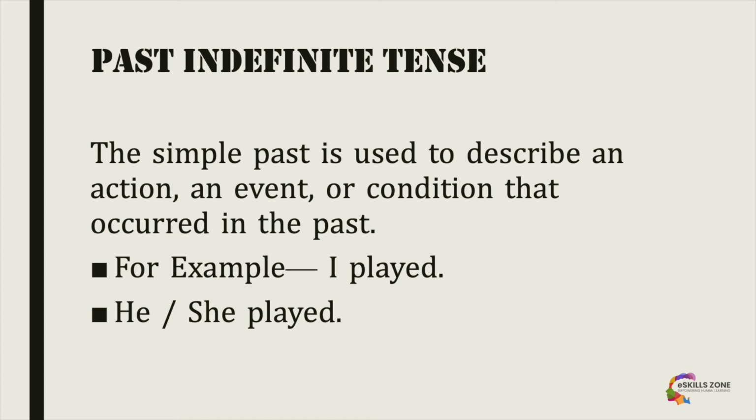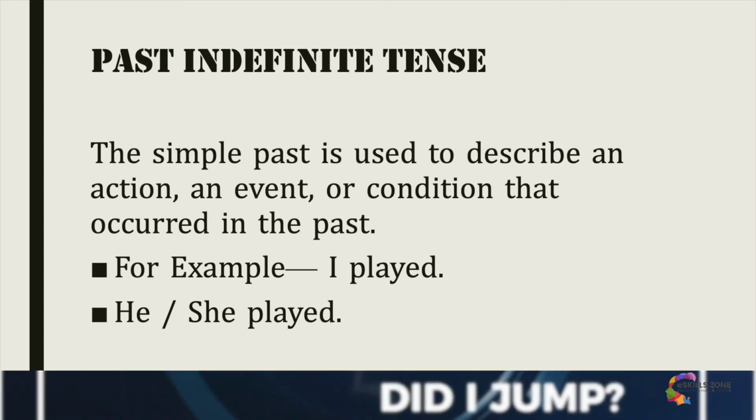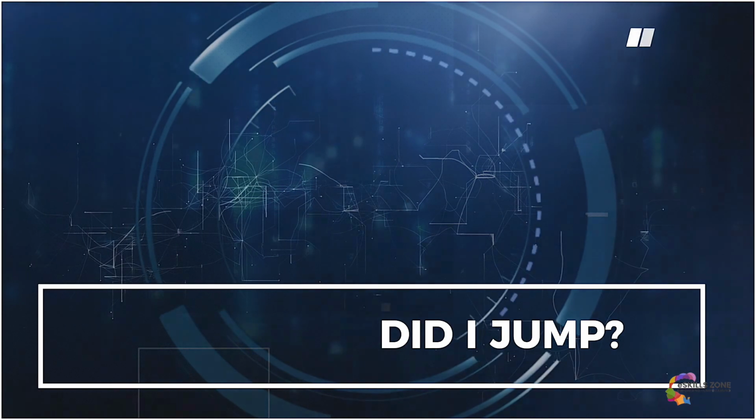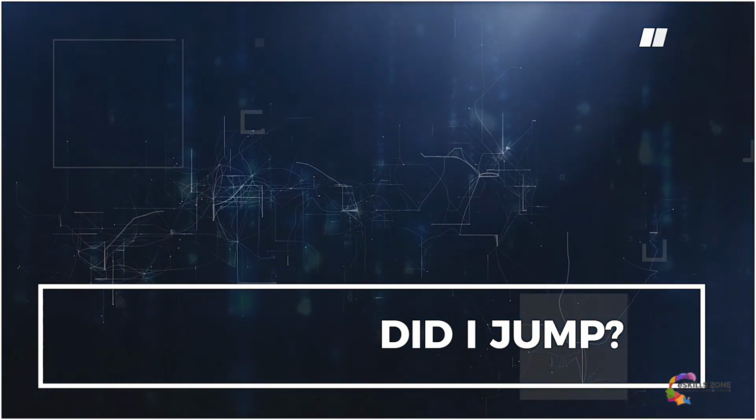We will start our sentence with the helping verb. In past indefinite tense, the helping verb is did. So our sentence will be: Did I jump? Question mark. Let's have another example.